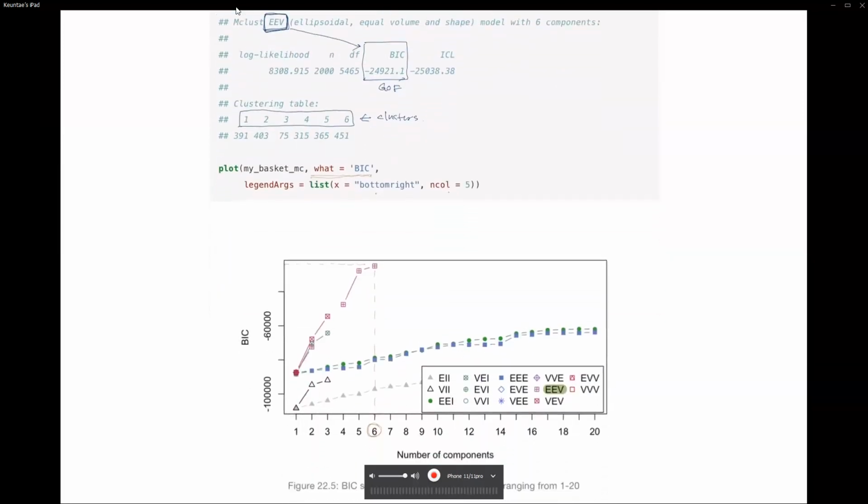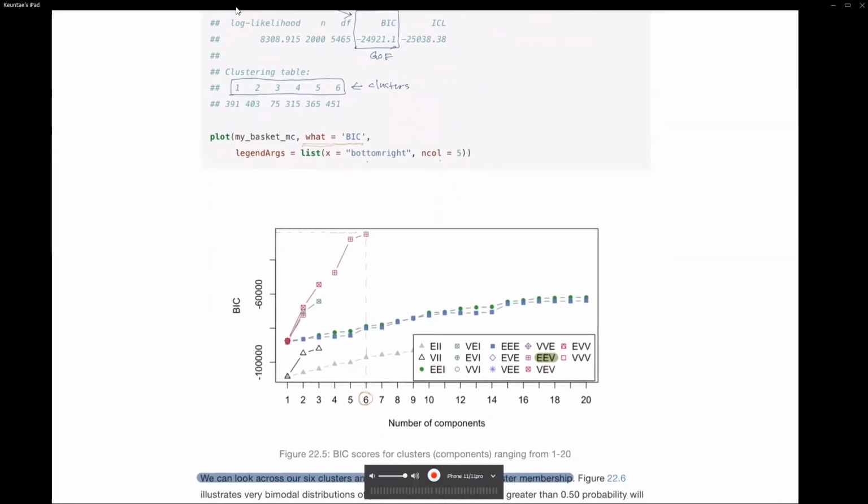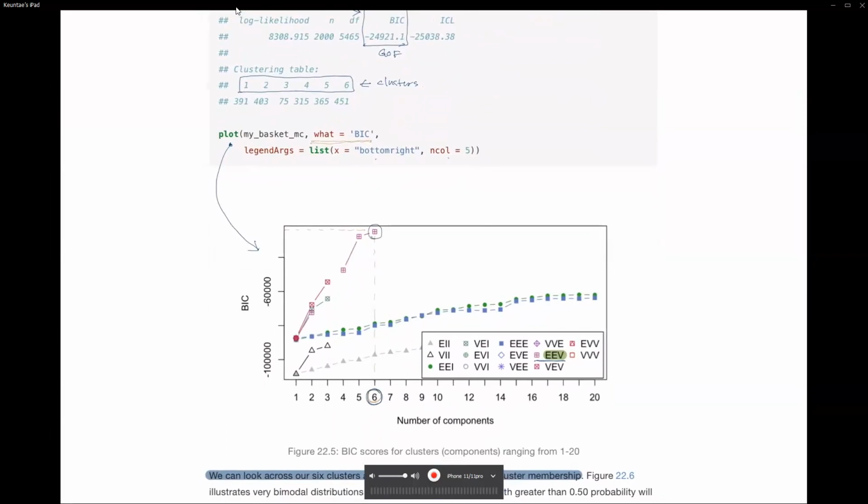And then we can also easily see, when we plot the Bayesian information criteria outcome, that when the number of clusters is 6 and we choose the EEV clustering mechanism, we have the maximum BIC value at the top.